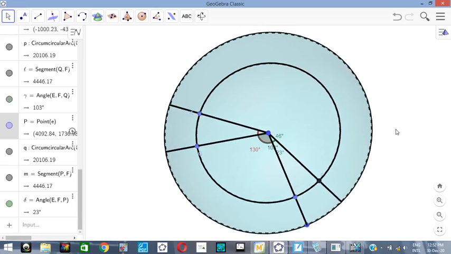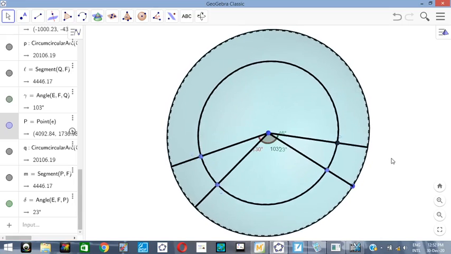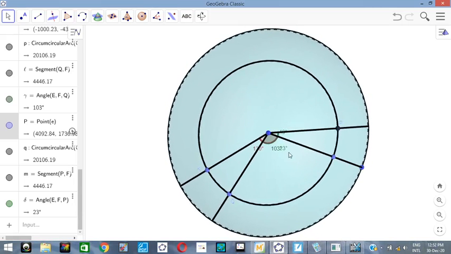When you look at it from the top, you see what we are doing. Let me view it from the top. So this is 23. This is our reference 0, our 0 line. From 0 to east is 23. That is point P. You can see the point P here. Then 0 to west, Q, which is 103.